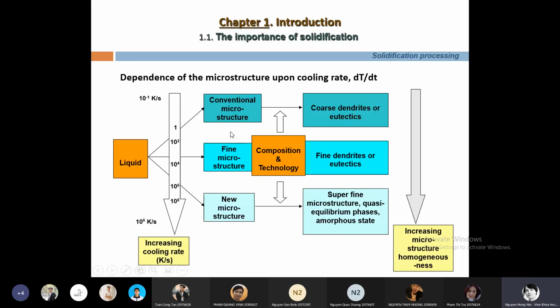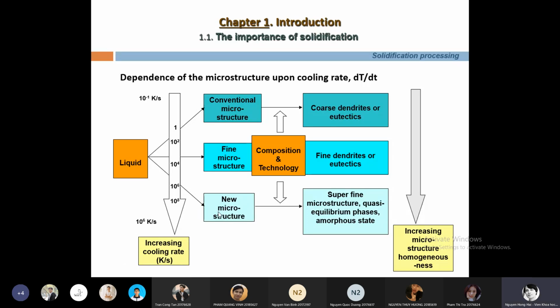If you increase the cooling rate until maybe 10 power 4 degree per second, we have the much finer microstructure, and we have the fine dendrite or cellular. And if you still increase this cooling rate until maybe 10 power 6, we have new microstructure.